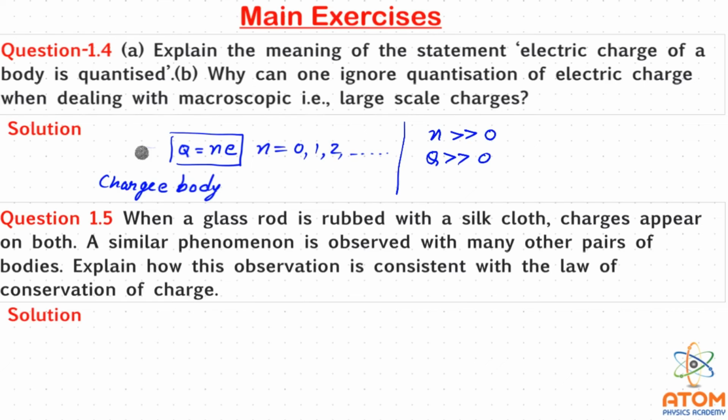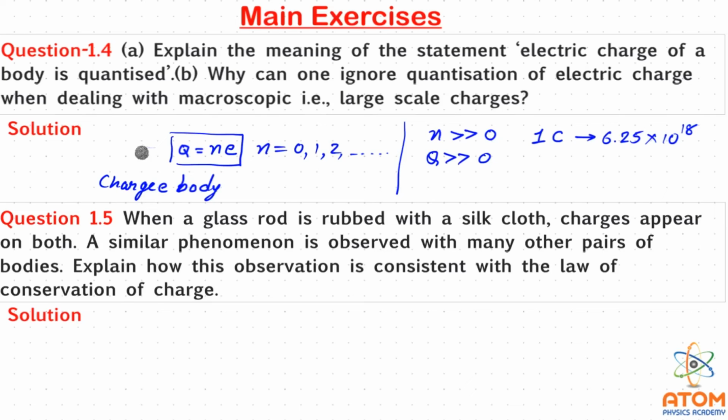If you ask for 1 microcoulomb, you can get it; you ask 2 microcoulomb, you can get it; you ask 2.5 microcoulomb, you can get it; and if you ask 10 kilocoulomb, you can get it; 10.2 kilocoulomb, that also you can get. Because, let me tell you, in 1 coulomb there are 6.25 into 10 raised to 18 electrons or protons involved.